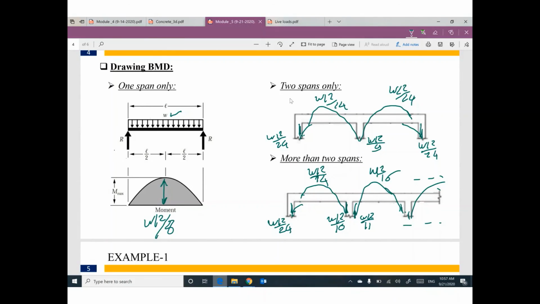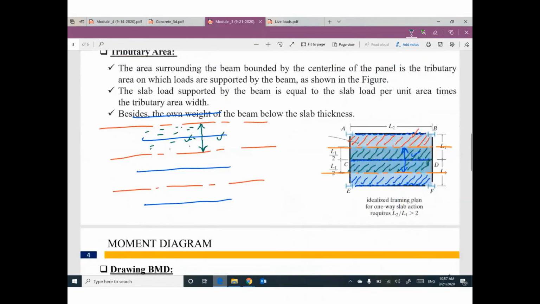Remember, one span, two spans, or more than two spans, 3 or 4 or 5 or 6. And remember, any beam will support a width of the slab from center line to center line.